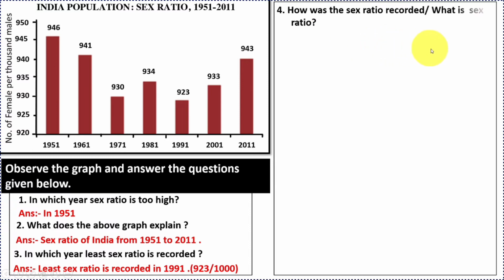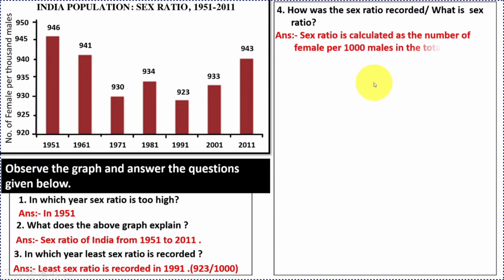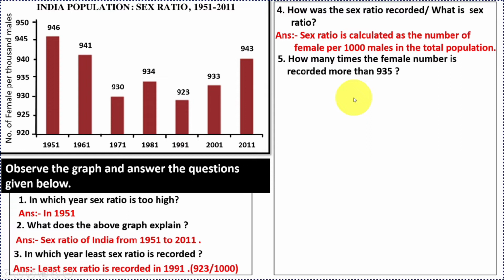How is the sex ratio recorded, and what is meant by sex ratio? Sex ratio is calculated as the number of females per 1000 males in the total population. How many times is the female number recorded more than 935? 941, 946, 943 are the 3 times only.